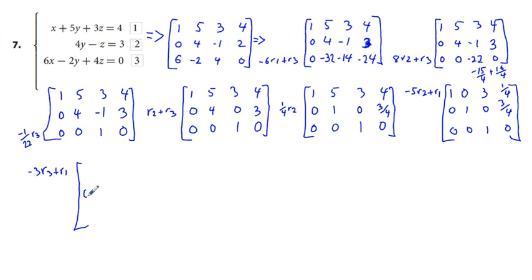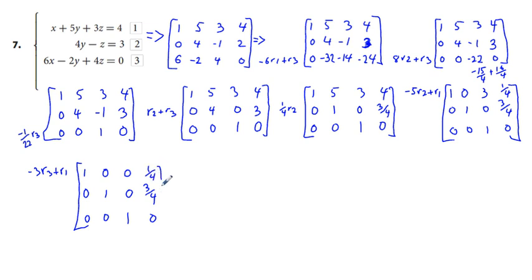So we got 0, 1, 0, 3/4. In the last row we have 0, 0, 1, 0. In the top row, negative 3 R3 plus R1, that's just going to be 1, 0. And negative 3 times 1 is negative 3, and negative 3 plus 3 is 0, and then negative 3 times 0 plus R1 is 1/4.